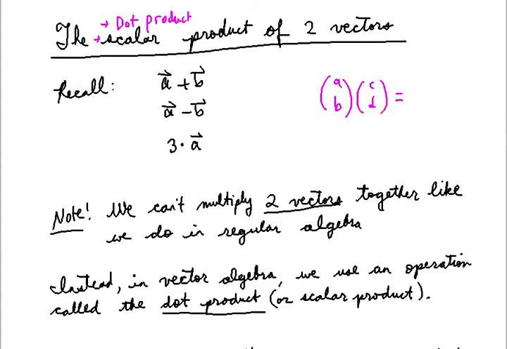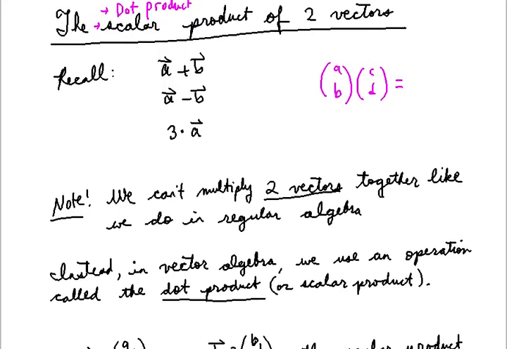So what we do have though is a special type of operation called a dot product or a scalar product, and there's a formula for it. Let's just go right into it.